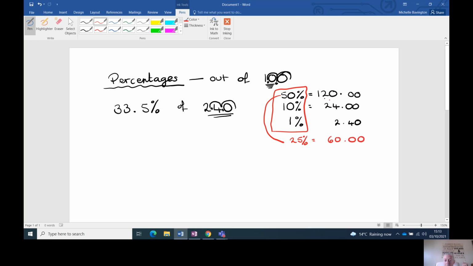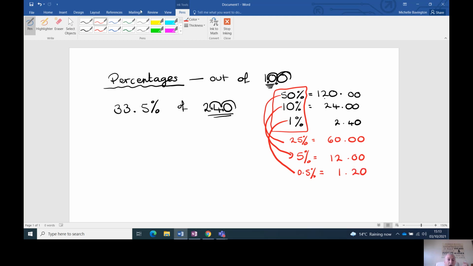Half, half, half, half. 5%, well, half of 10. 0.5% is half of the 1.